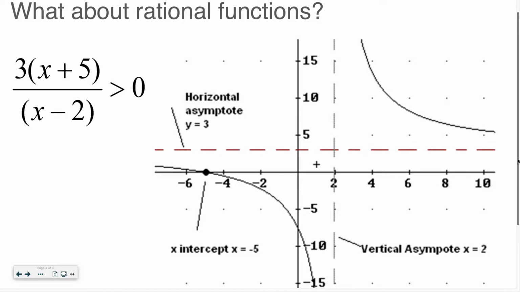If I were to give you this inequality, this rational function greater than 0, what would be your answer? Go ahead and have that discussion right now. Based on the graph, when is that greater than 0?